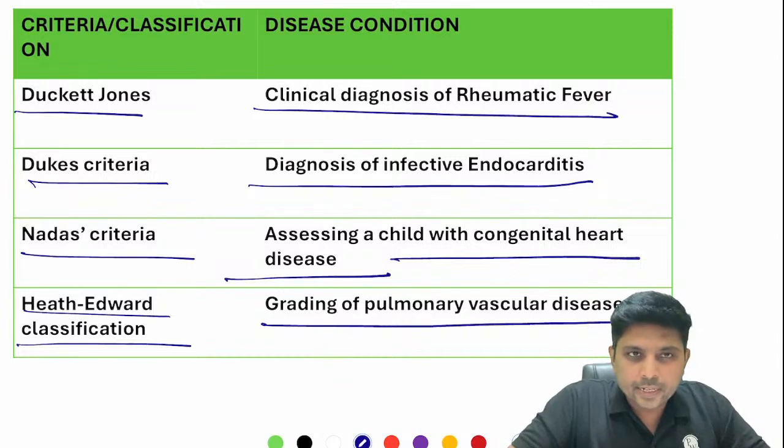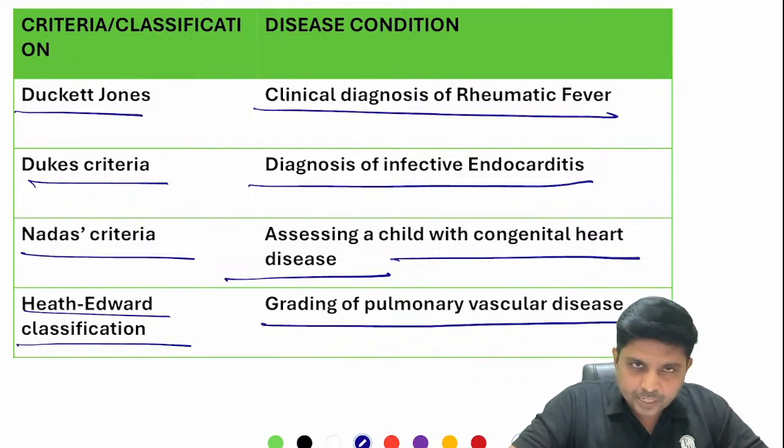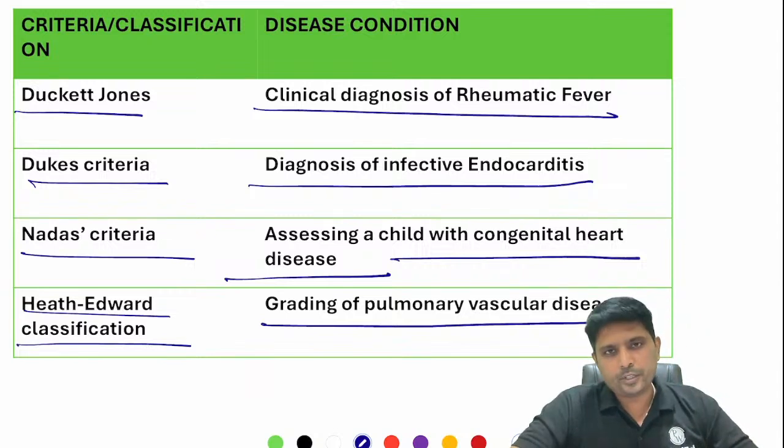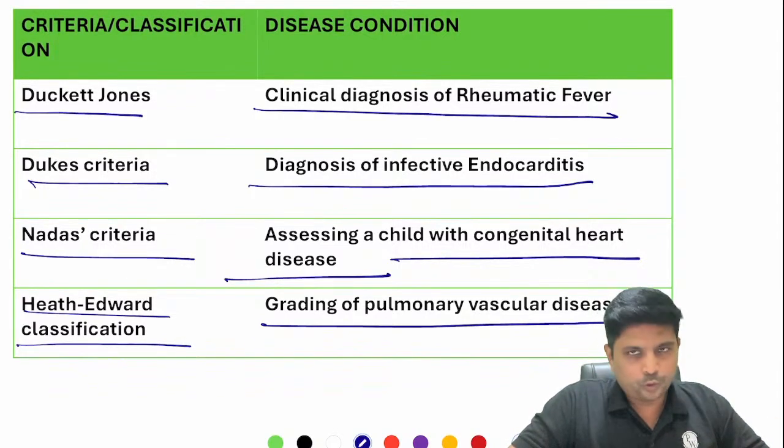Okay, Duke's criteria for infective endocarditis, Jones criteria for rheumatic fever, Nadas criteria to assess a child with congenital heart disease, and Heath Edward classification for pulmonary vascular disease, that is pulmonary hypertension. This can be asked as a short.